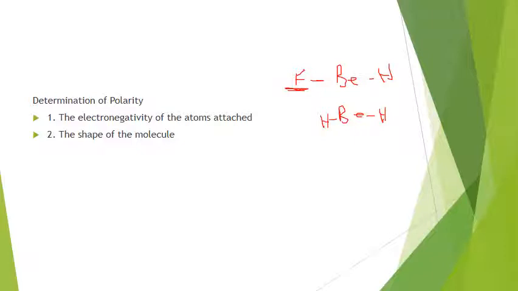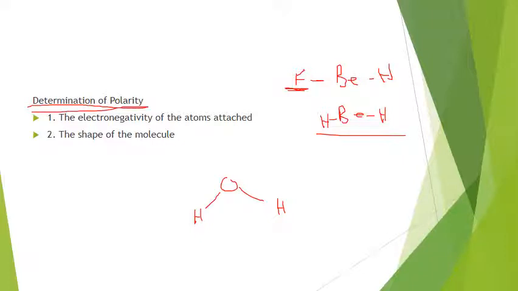All right, now in terms of shape, this can also change polarity. For instance, this molecule has two hydrogens attached. It's linear. And then we had water that had the same atoms attached to the center atom, hydrogens, but it's polar, and the reason why it's polar is because of the shape, bent.